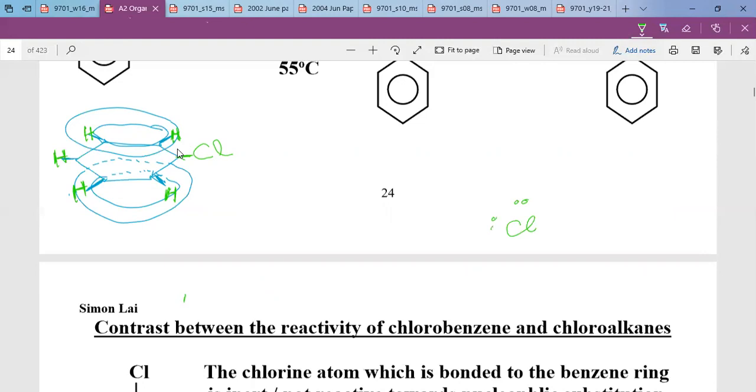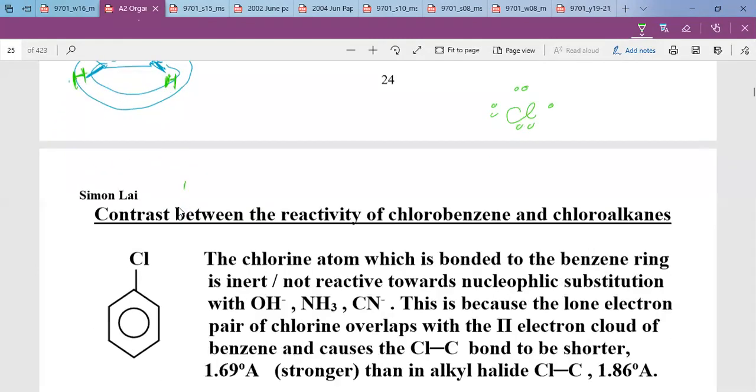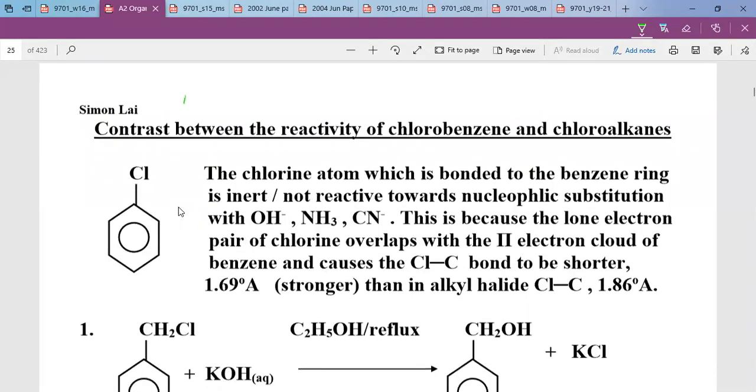Now chlorine, remember, chlorine has got 7 electrons. 1, 2, 3, 4, 5, 6, 7. So if it bonds here, one here will be from your benzene, from your carbon here. Let me just rub it off first. Okay, let's do it again.